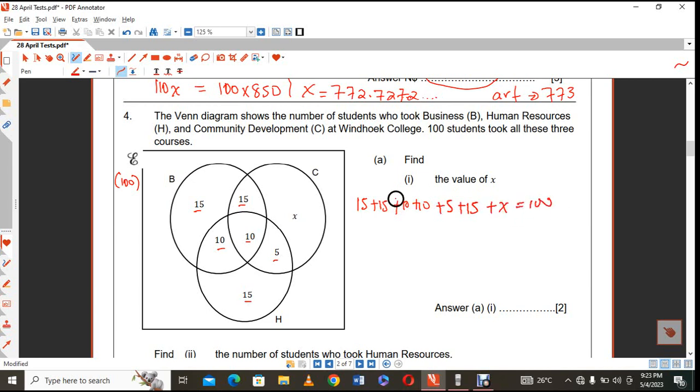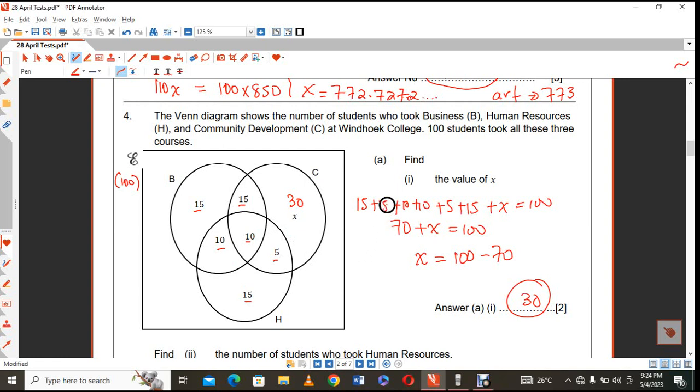Well, that should equal to the universal set of 100. So once you add all of this, you get 70 here plus x is equal to 100. So x would be 100, take away 70, and that gives us that the value of x is 30. Okay, right. So I will just go ahead and write my 30 in there.